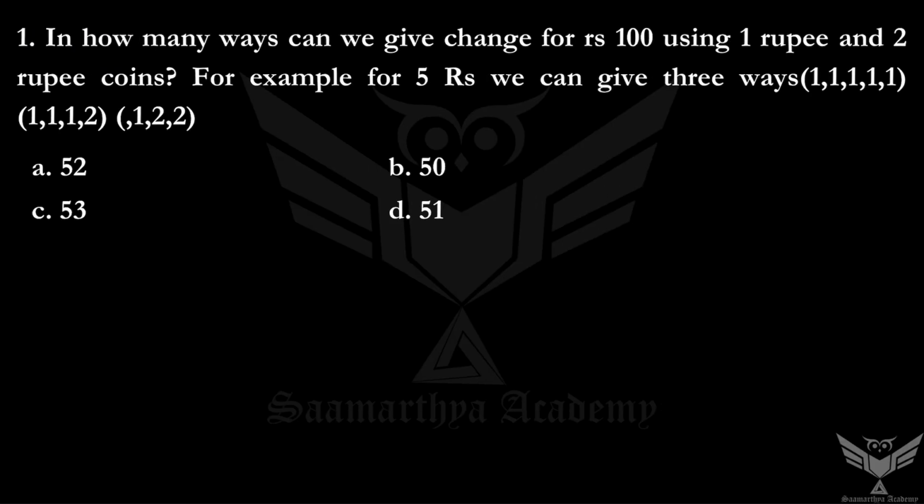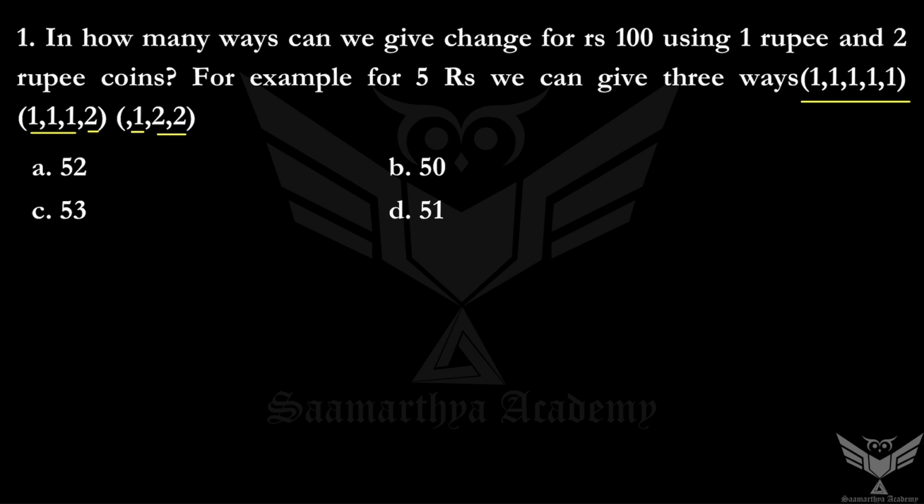The first question says, in how many ways can we give change for rupees 100 using 1 rupee and 2 rupee coins? For example, 5 rupees can be given as 5 1 rupee coins, or 3 1 rupee coins and 1 2 rupee coin, or 1 1 rupee coin and 2 2 rupee coins.